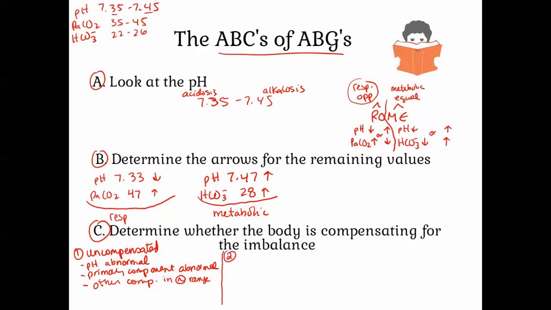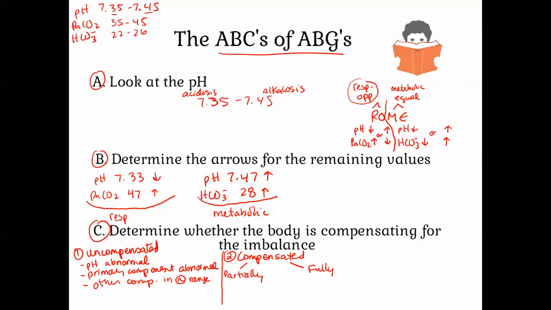A second state of compensation is what we call compensated. And there are two subtypes of this. One which we call partially compensated and one which is fully compensated.